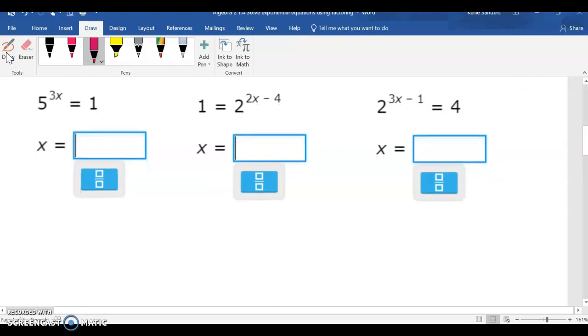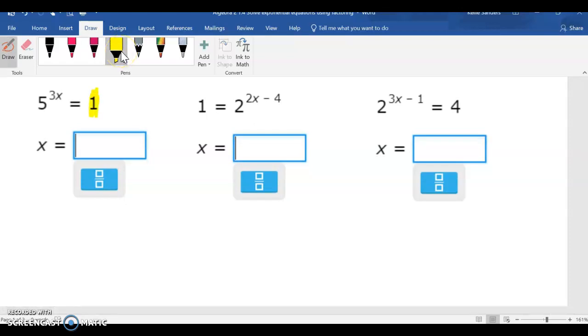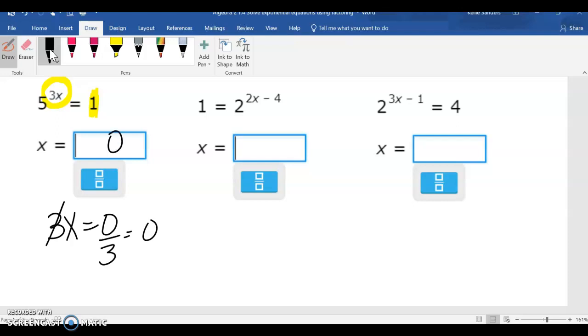Same thing here. Because this is 1, then this has to equal 0. So if we get x by itself and 0 is on top, then again our x is going to be 0. This is 1, so this has to equal 0.